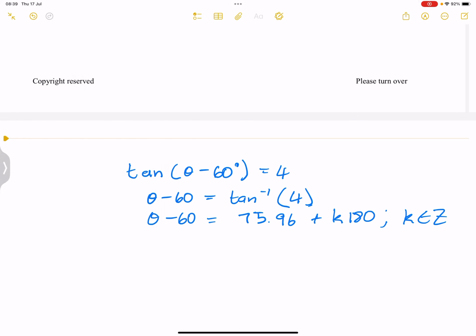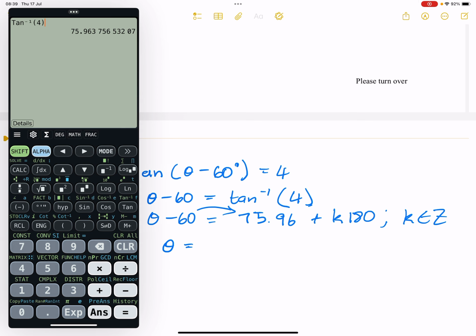Right, so now we need to get the specific values or the specific solution in this case. So if I take this to the other side, I'm going to have theta is 75.96, plus 60, I get 135.96 degrees plus k 180.